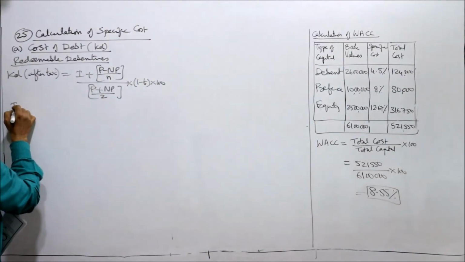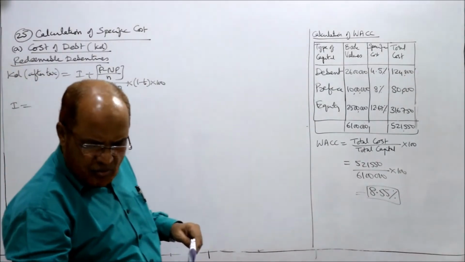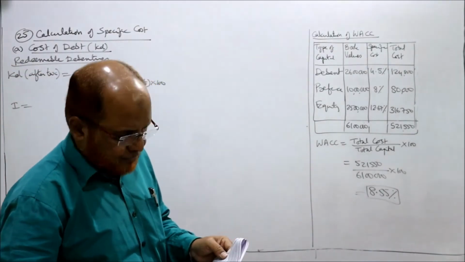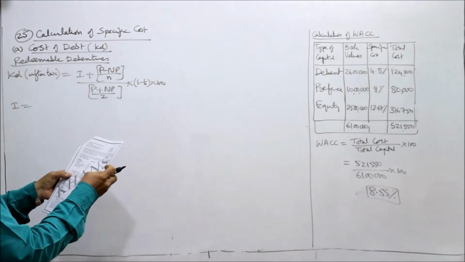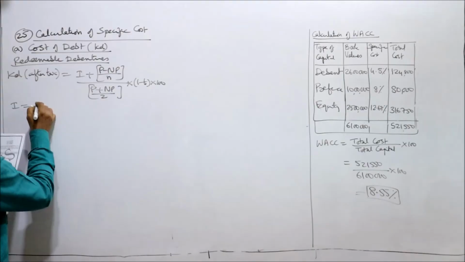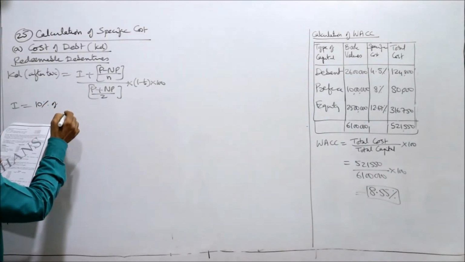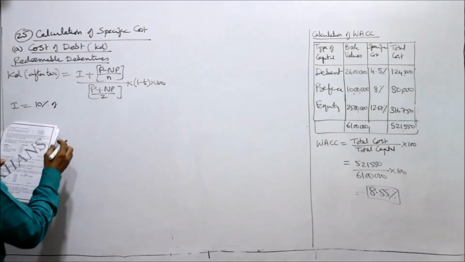Already we have applied this in the previous problems. I is equal to interest. The interest is given in the problem, 10% of the face value of debentures, which is 4 lakh.